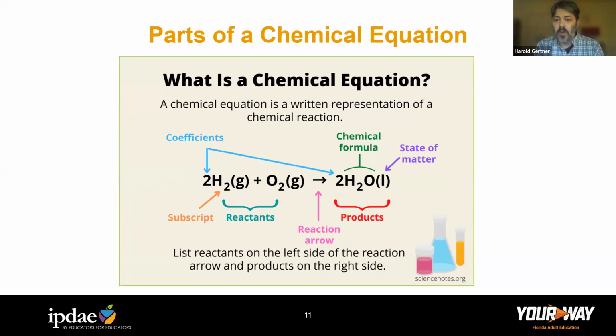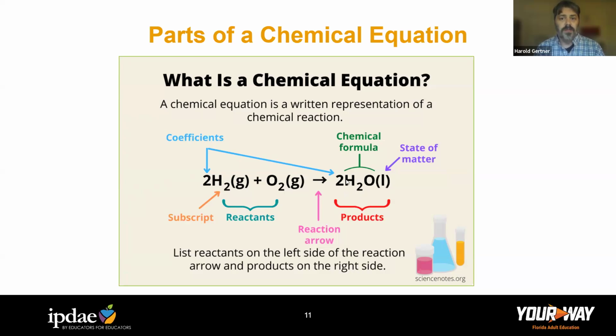It's a little overwhelming at first, but once they focus in on the chemical formula at the end, the H2O, that's a pretty common chemical formula in advertising and everything, right? Students will know that that's water. Then you can start to have some discussions about what's in water, or what makes up water, or what state of matter is water, and that can help them identify why this L is here.